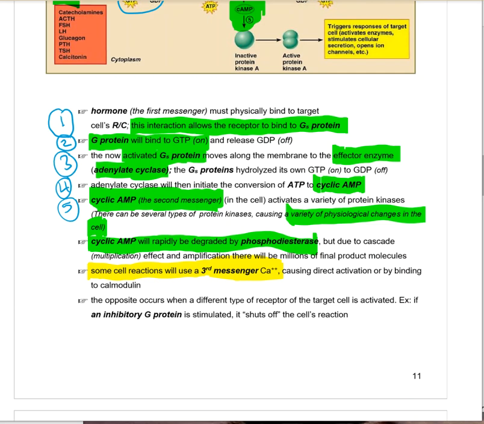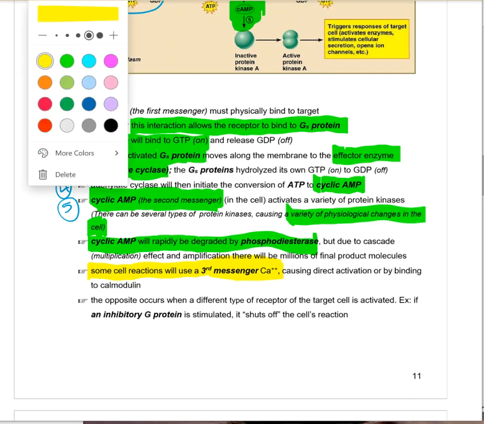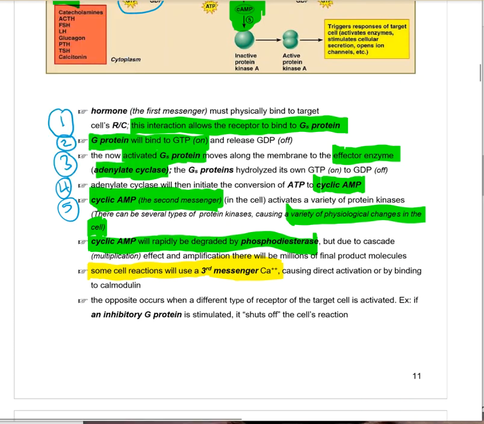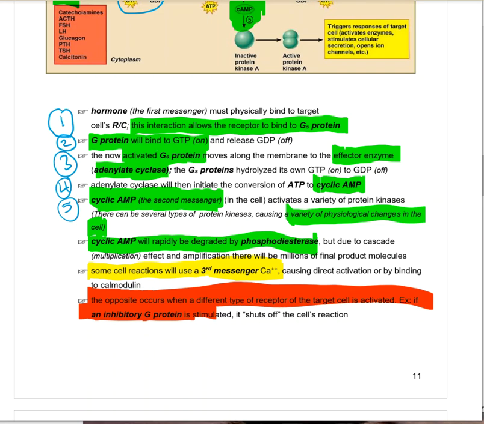All right. Now, the thing that's kind of interesting, and why don't we put the color in as red here, we'll underline this in red, is we can reverse all this if an inhibitory G protein is stimulated. Okay? So the opposite of the above occurs if an inhibitory protein is stimulated. It shuts off the cell reaction.